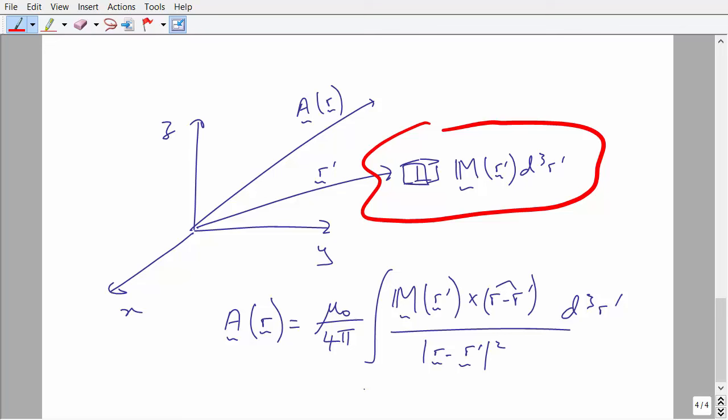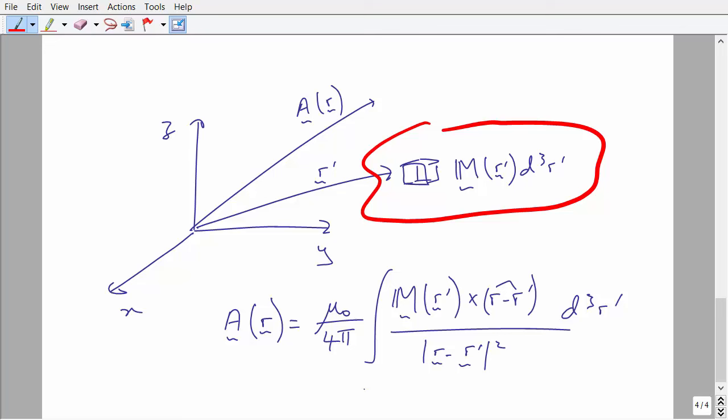We consider a magnetic material with a magnetic moment per unit volume given by m. If we multiply that by the volume element, d3r prime, we get the dipole moment of this little differential contribution here. And then we ask the question, what is the contribution of this element to the vector potential A at position r?